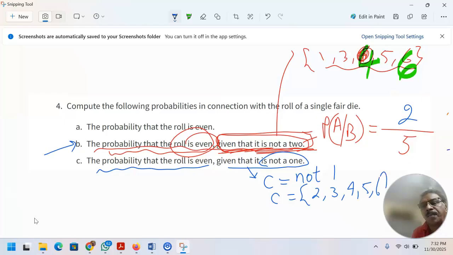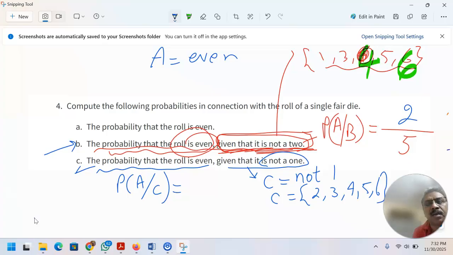There are 5 of them. Okay. So we want to know the probability of A. A we already know is even, right? Rolling an even number. So we want to know the probability of A when it is not 1. So this is what that means by definition. It is the probability of A and C divided by the probability of C.